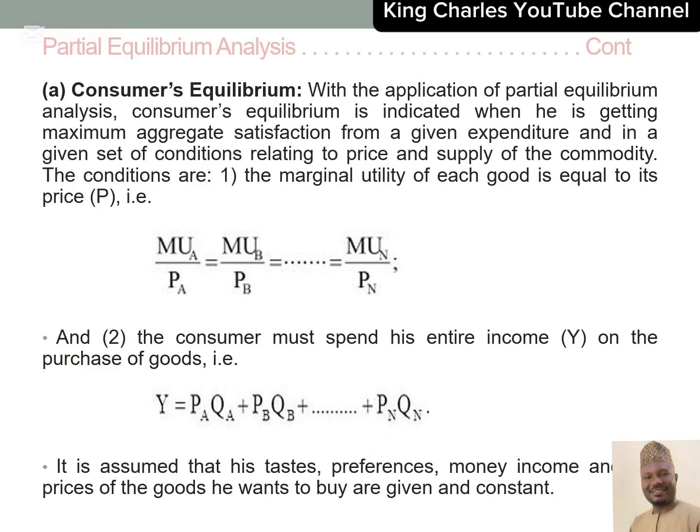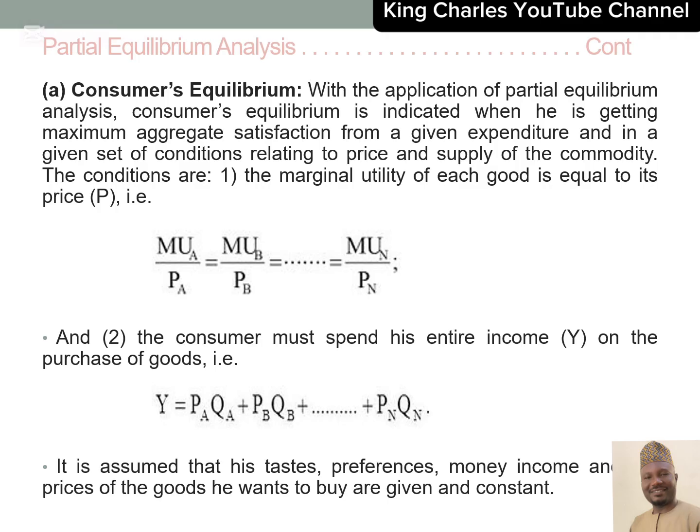That is the only time when the marginal utility of each good can be equal to its price. This marginal utility is expressed, for instance, where a variety of goods are involved.